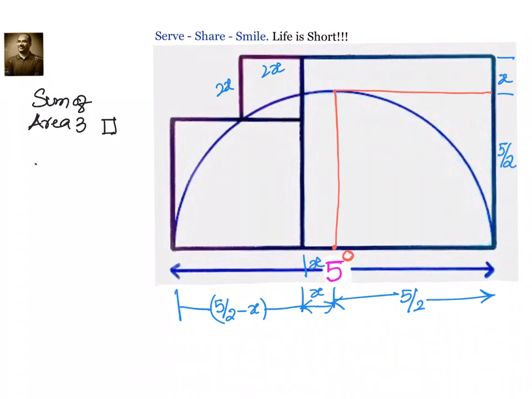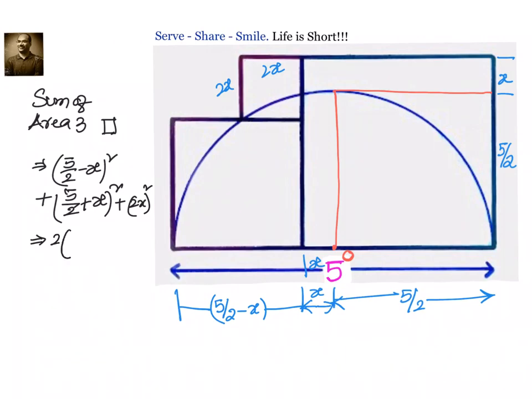So let me write down the sum of the areas of the 3 squares. First one is 5 by 2 minus x whole square, the area of the square, plus 5 by 2 plus x whole square, then the other square is of side 2x, so 2x whole square. Let us simplify this. (a minus b) whole square plus (a plus b) whole square is equal to 2 into (a square plus b square).